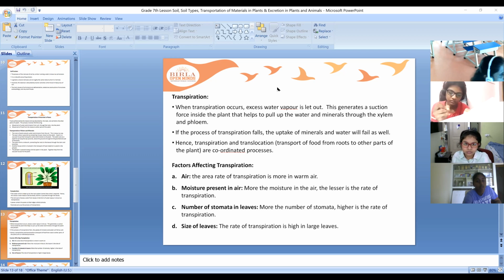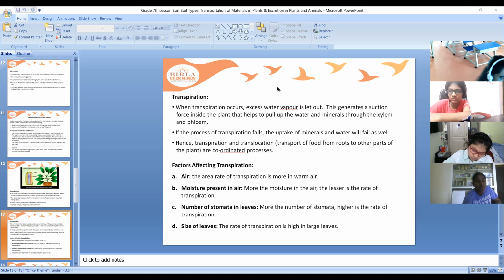So if transpiration falls, the uptake of minerals and water will fall as well. If transpiration is not taking place properly, then the intake of minerals and water will also fall, because of the suction force created by transpiration, which helps in the intake of minerals and water.